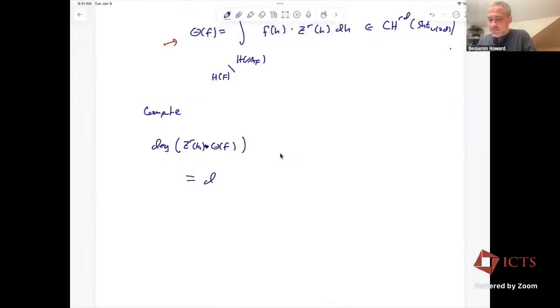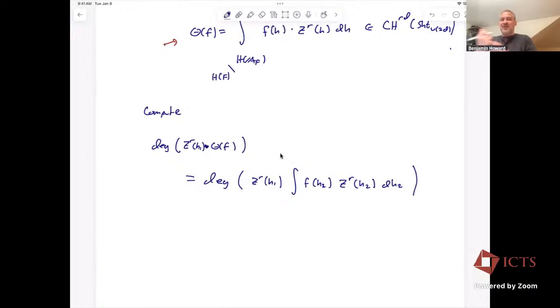You get the degree of this generating series evaluated at H1 times the integral of f in some other variable against the generating series in some other variable.